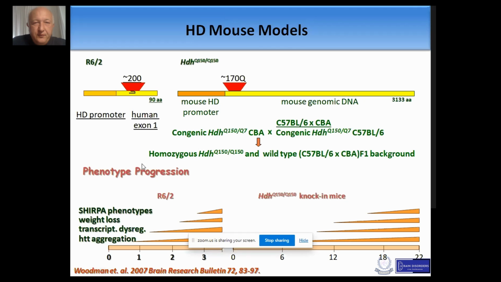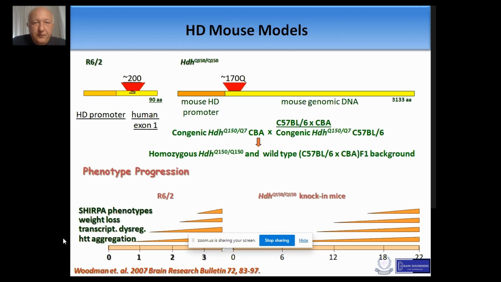And just to compare the phenotype, the fragment models are very quick to develop all neurological and molecular symptoms, and they die within 3 to 8 months of age, while the full-length models represent more the adult onset of HD, and the first symptoms can be detected around 1 year of age.